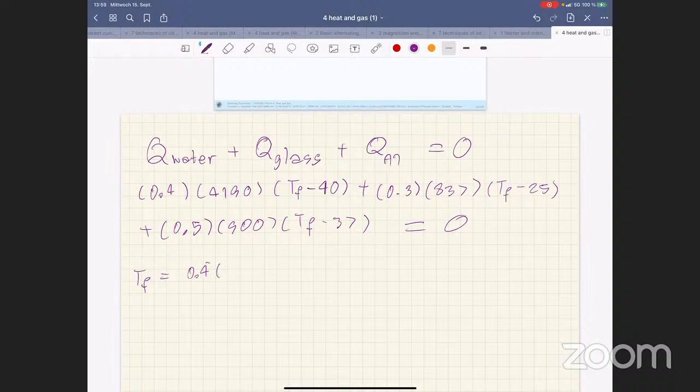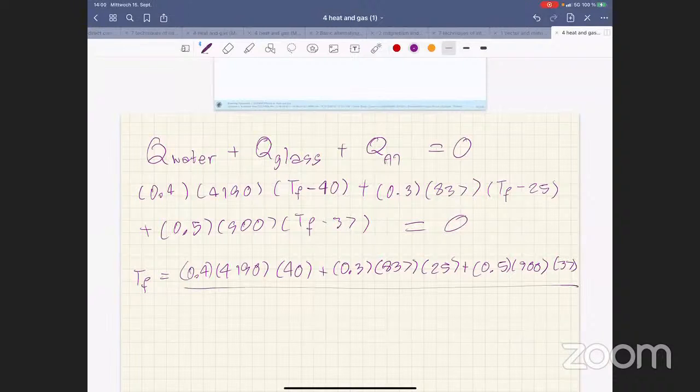0.4 times 4190 times 40, plus 0.3 times 4190 times 25, plus 0.5 times 900 times 37, divided by the thing that has no temperature at all, which is 0.4 times 4190 plus 0.3 times 4190 plus 0.5 times 900.